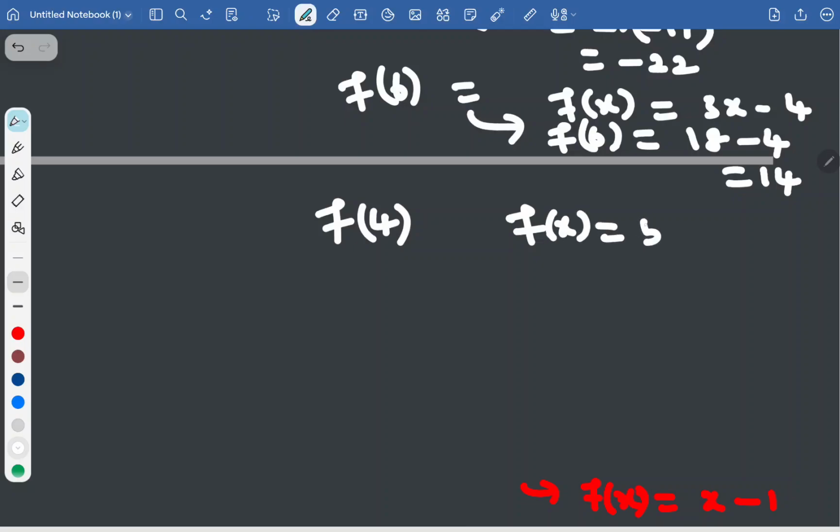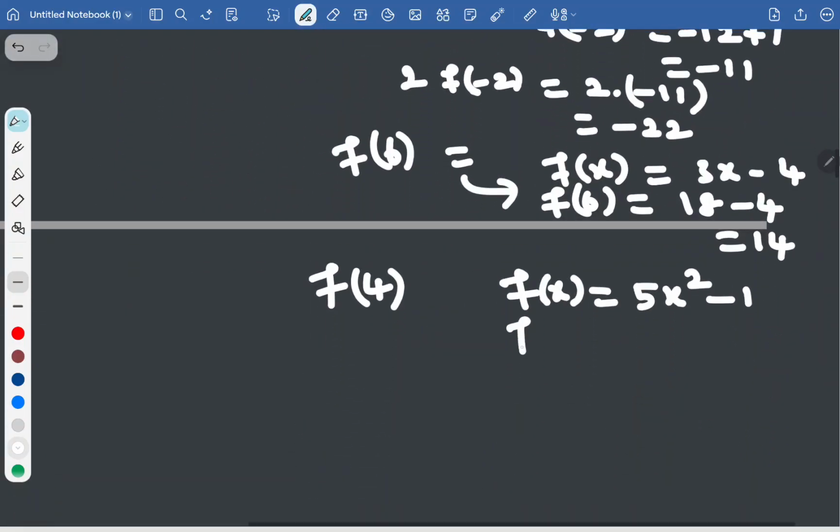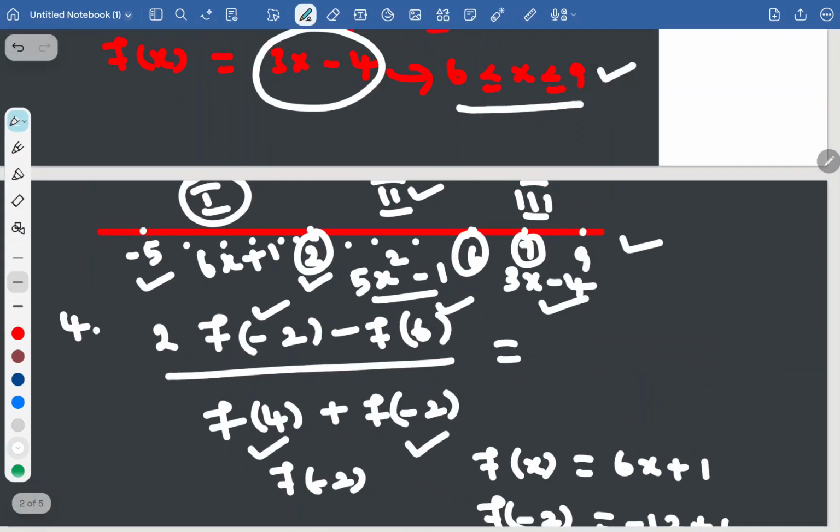For f of 4, what is f of x? 5x square minus 1. Now find f of 4. 5 into 4 square minus 1. 4 square is 16 into 5, 80 minus 1, 79.